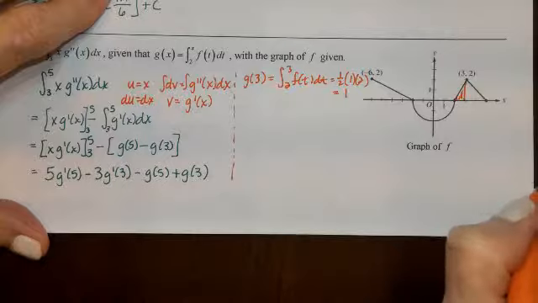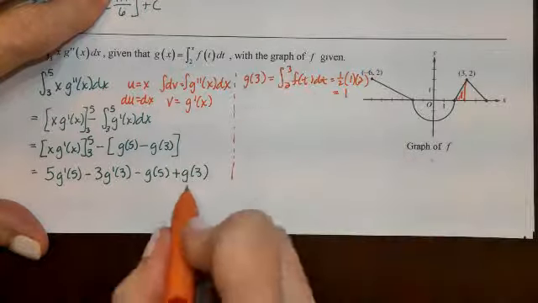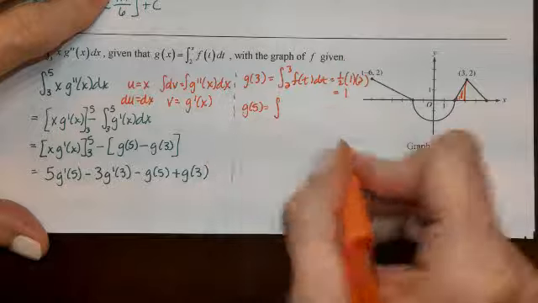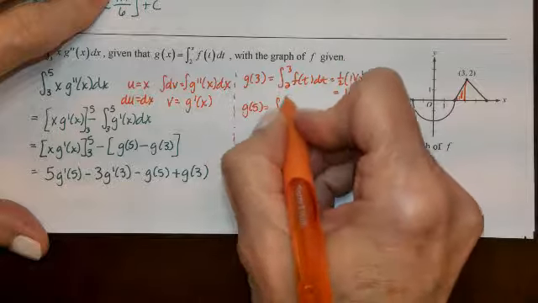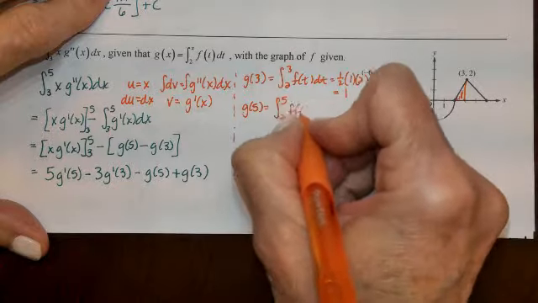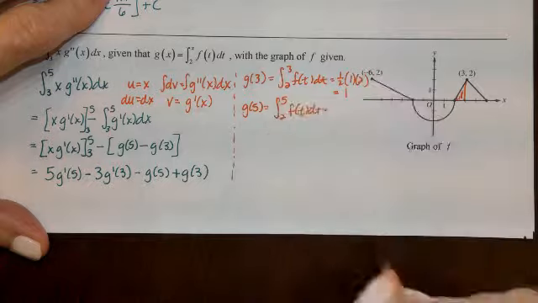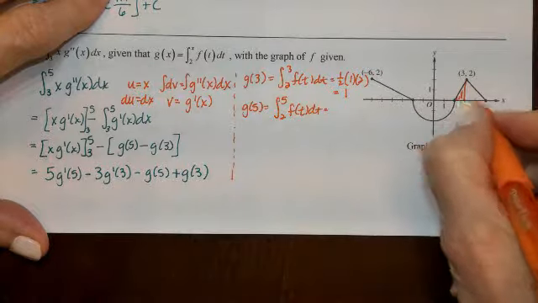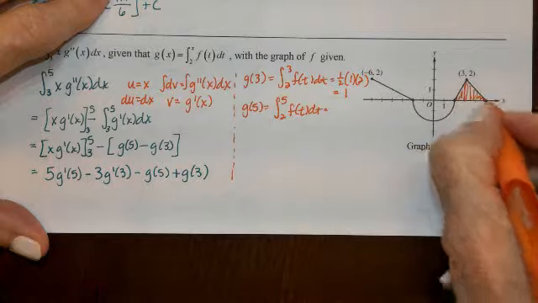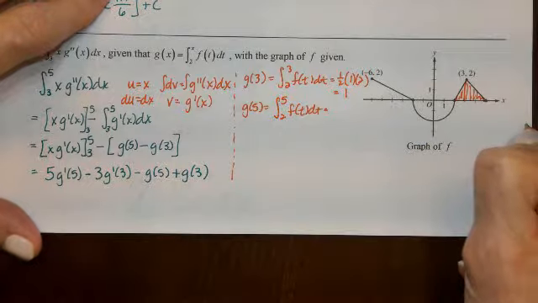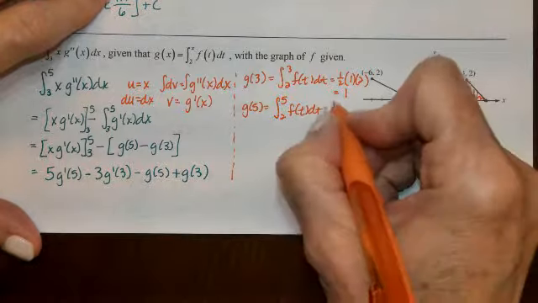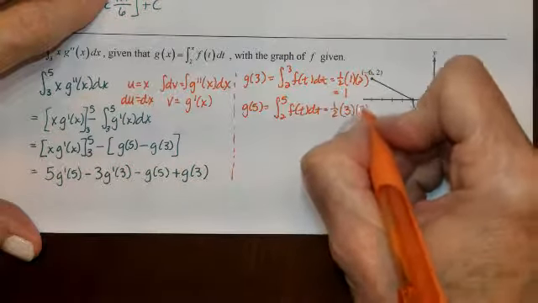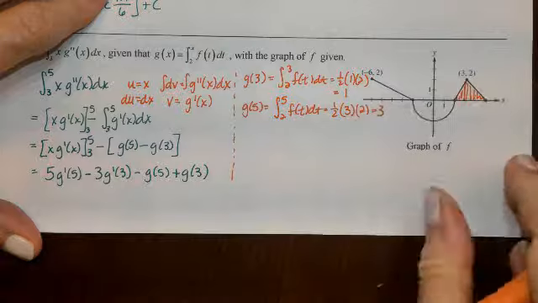So g of 3 is just 1 here. Okay, g of 5. g of 5 is the integral from 2 to 5 of f of t dt. Well, the integral from 2 to 5 will be this area here. It's above the x-axis, so it's positive. And that area is 1/2 base times height. So g of 5 is 3.